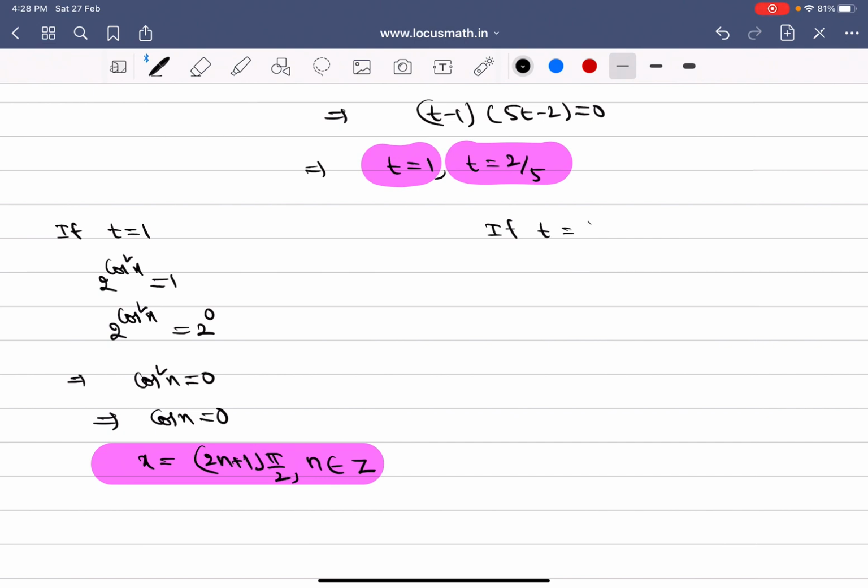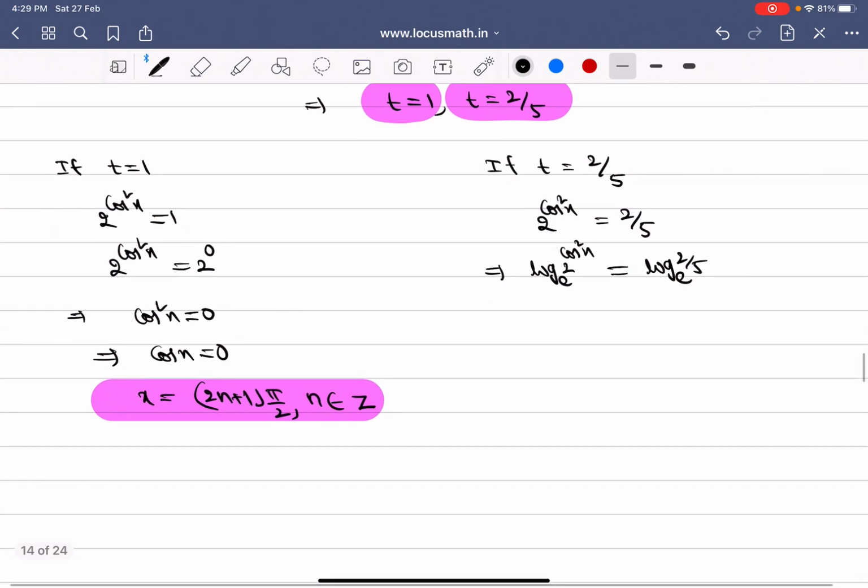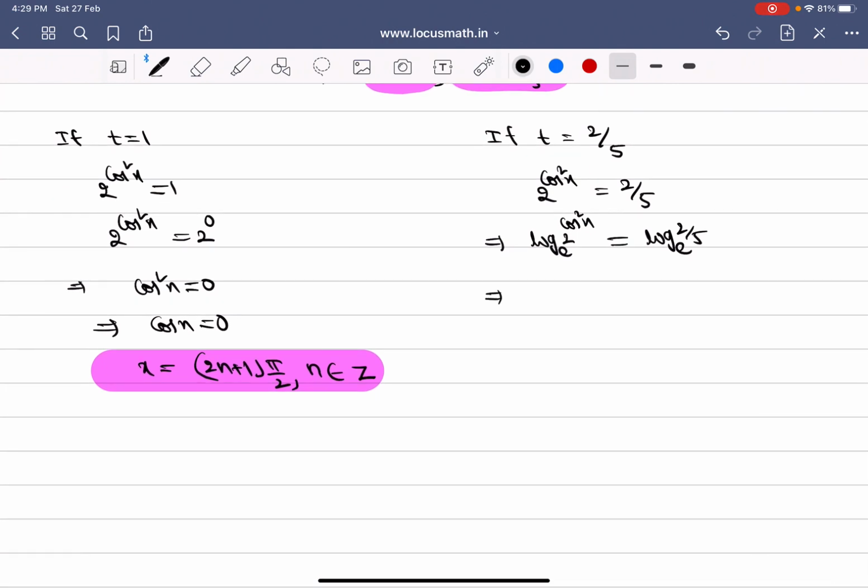Next, if t is equal to 2 over 5, 2 power cos square x is equal to 2 over 5. Now to solve this one, apply log base e on both sides. That is log base e of 2 power cos square x is equal to log base e of 2 over 5. This implies cos square x log base e 2 is equal to log base e 2 minus log base e 5.